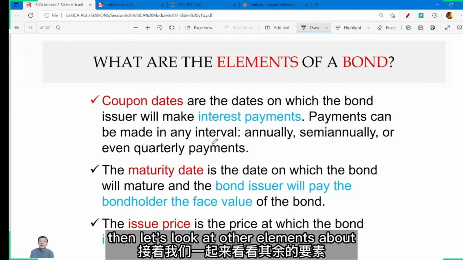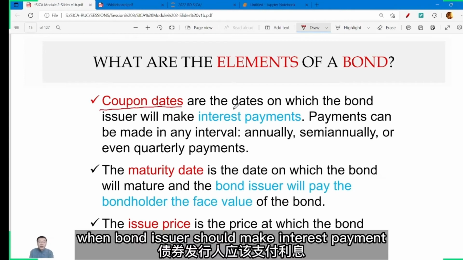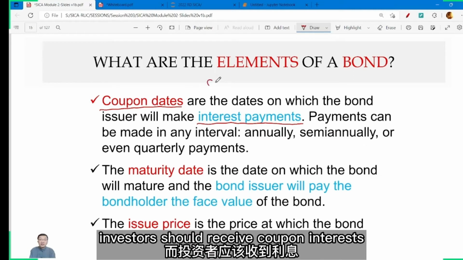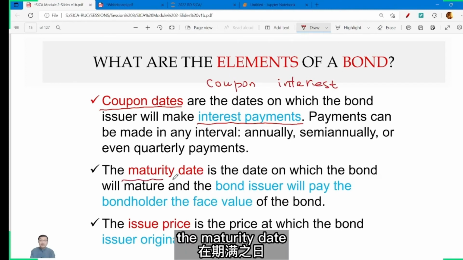Then let's look at other elements of a bond. Coupon dates. Coupon dates are the dates when the bond issuer should make interest payments. So at coupon dates, investors should receive coupon interest. Then maturity date.